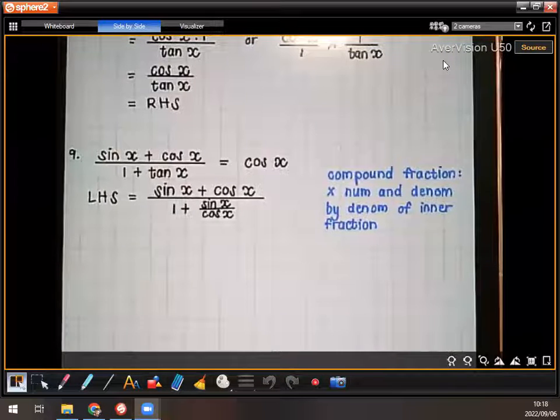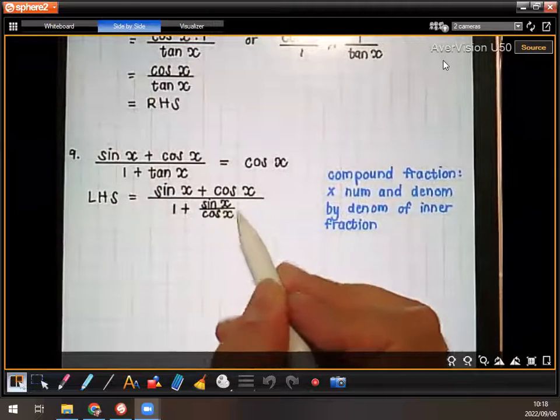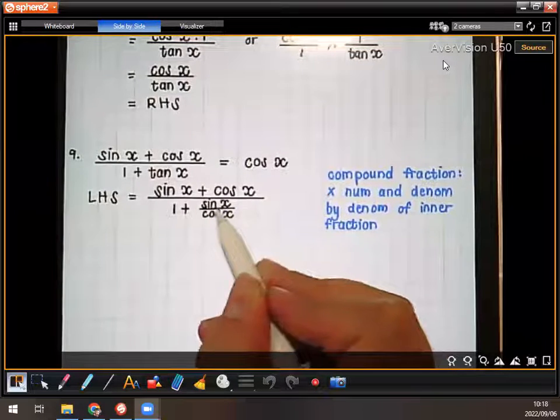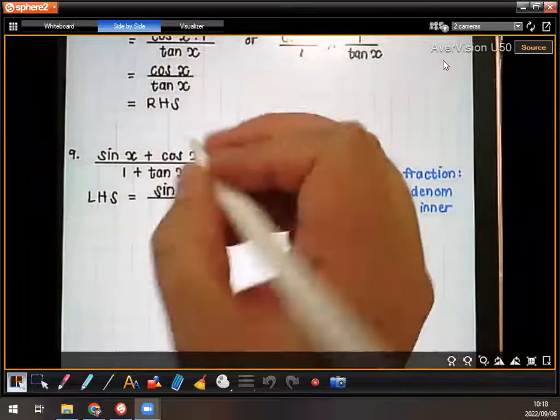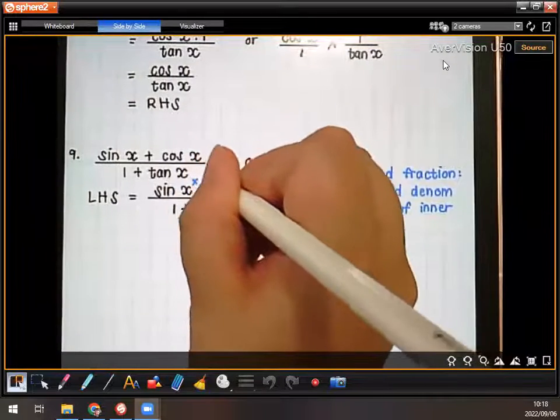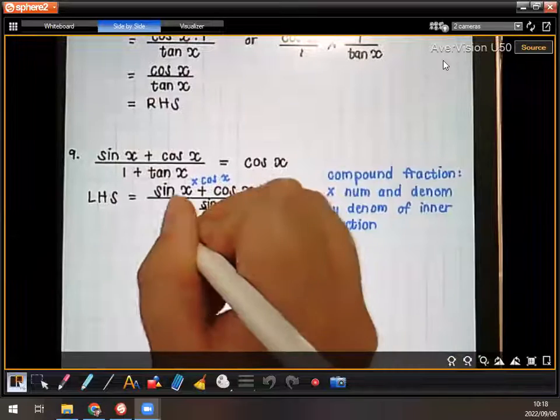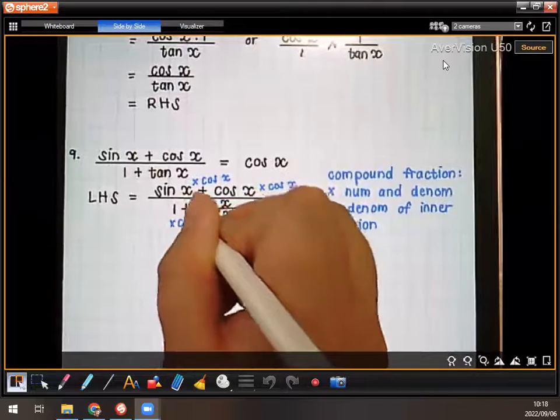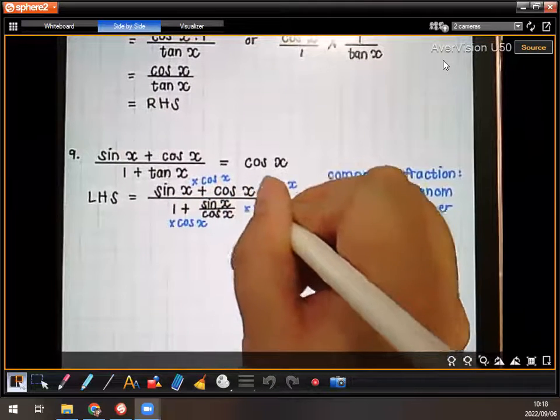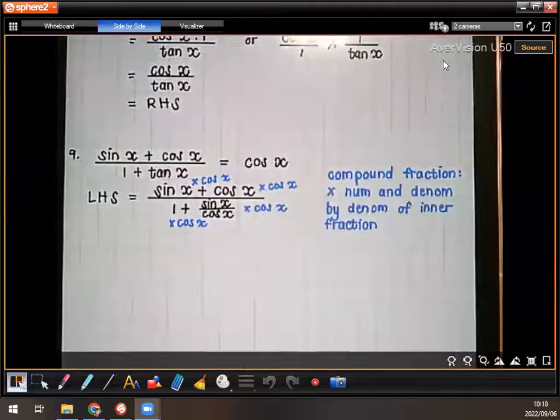So the denominator of the inner fraction here is cos x, right? We all agree with that? Our inner fraction is sine over cos. So cos x is the denominator of the inner fraction. So guys, you have to multiply everything at the top and everything at the bottom by that denominator. So every single term, I am multiplying by cos x.